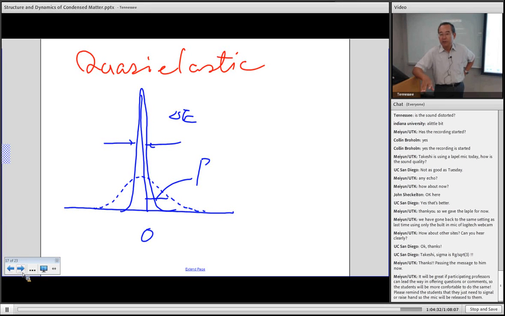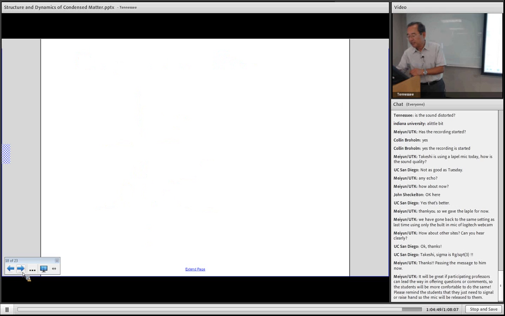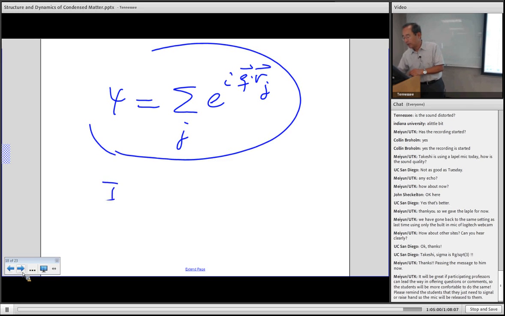And the real materials quite often show something in between, which is quasi-elastic scattering. And again, to summarize, coming back to elastic scattering, it's easy. Just the sum over j of e to the i Q dot R_j, and I does everything.